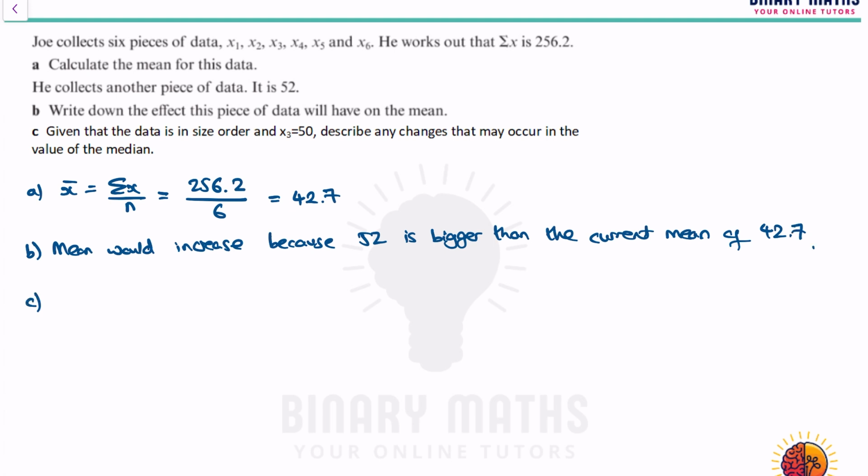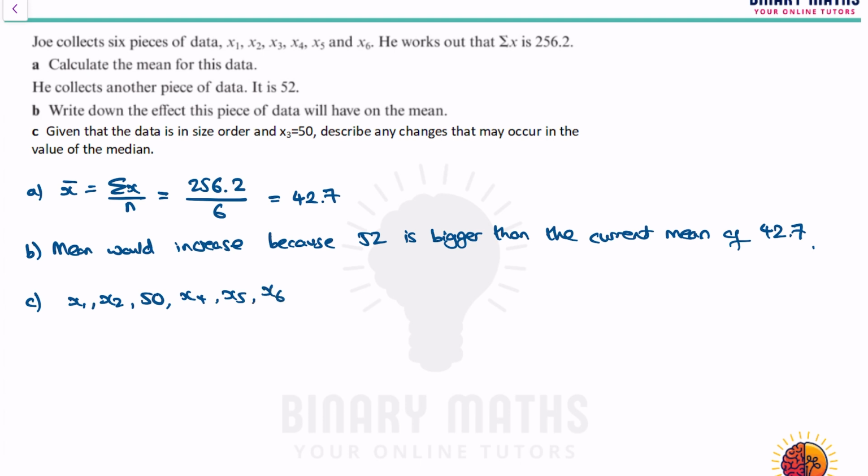C, given that the data is in size order and x3 is equal to 50, describe any change that may occur in the value of the median. So currently, before we add 52, we've got x1, x2, x3 is 50, x4, x5, and x6.